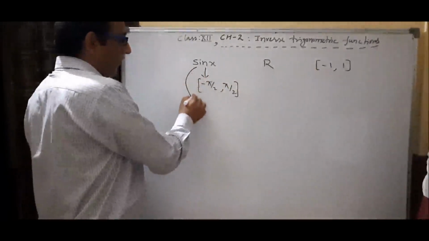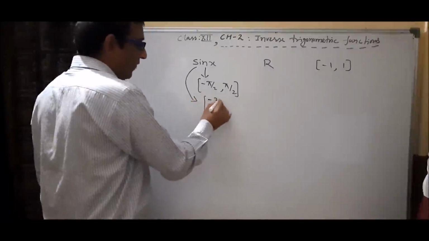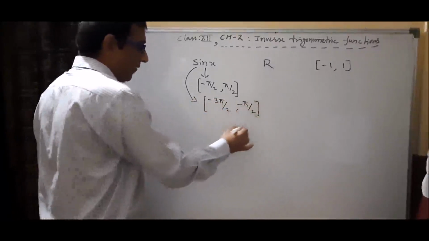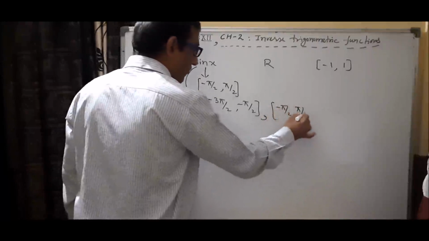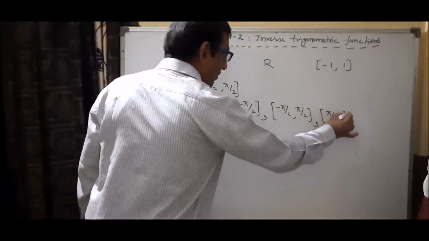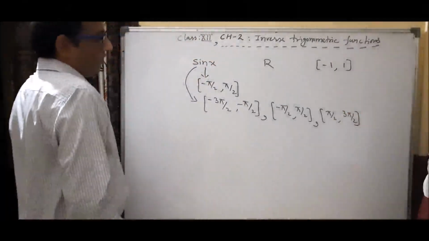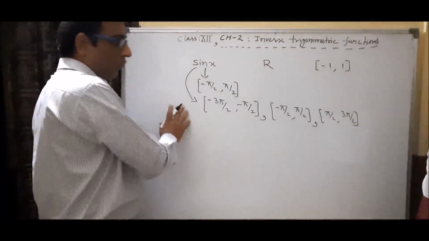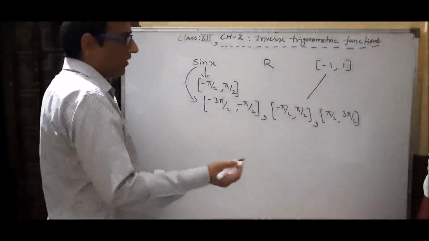Actually, we can restrict the sine function to any of the intervals -3π/2 to -π/2, -π/2 to π/2, and π/2 to 3π/2. So this trigonometric function is one-one and onto in all these intervals with range -1 to 1.